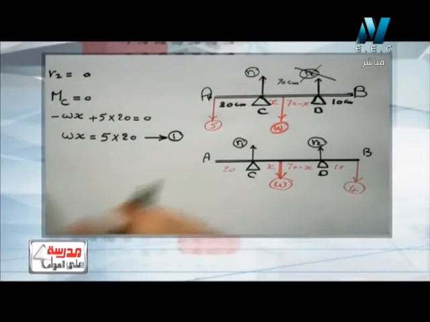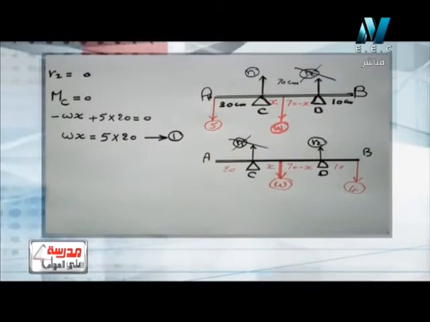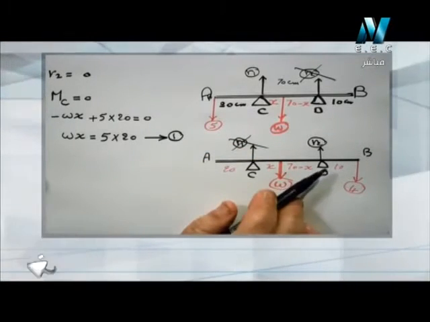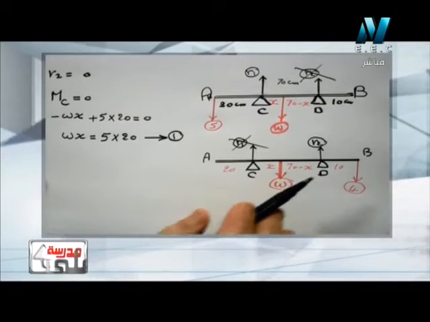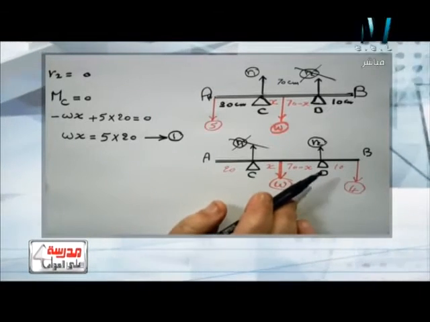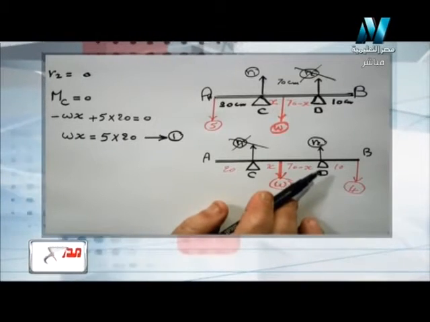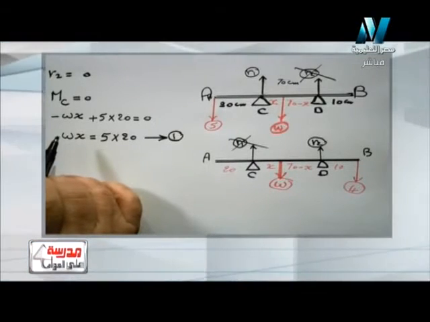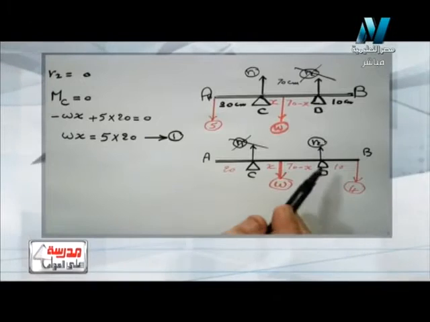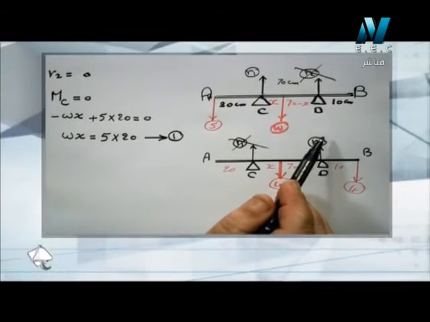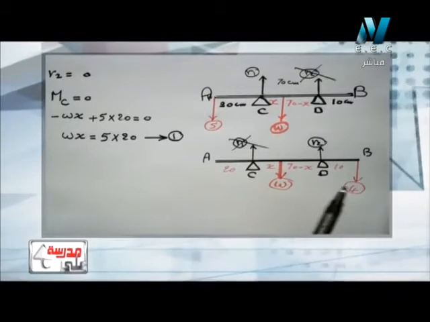Yes, very good. R1 in this case equals 0 because the rod is in equilibrium, about to rotate around D. يبقى بالتالي عندي ال 3 forces R2 و W و 4.